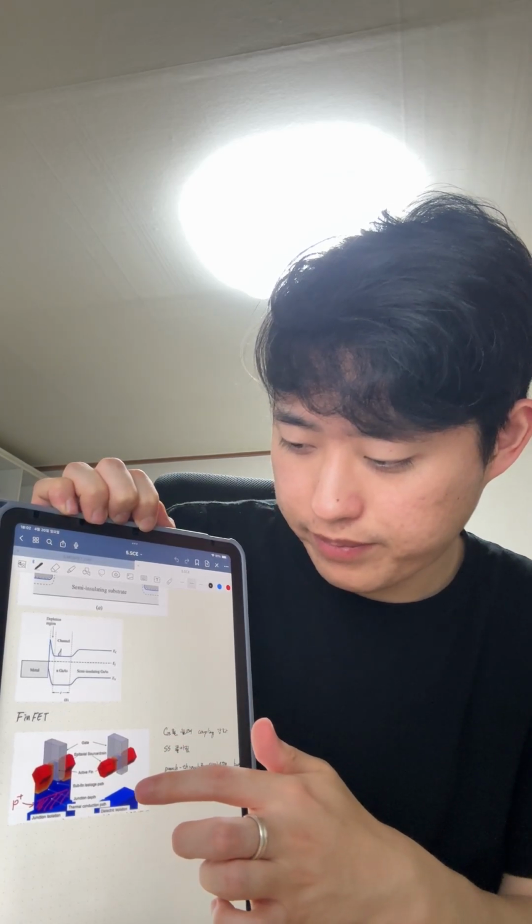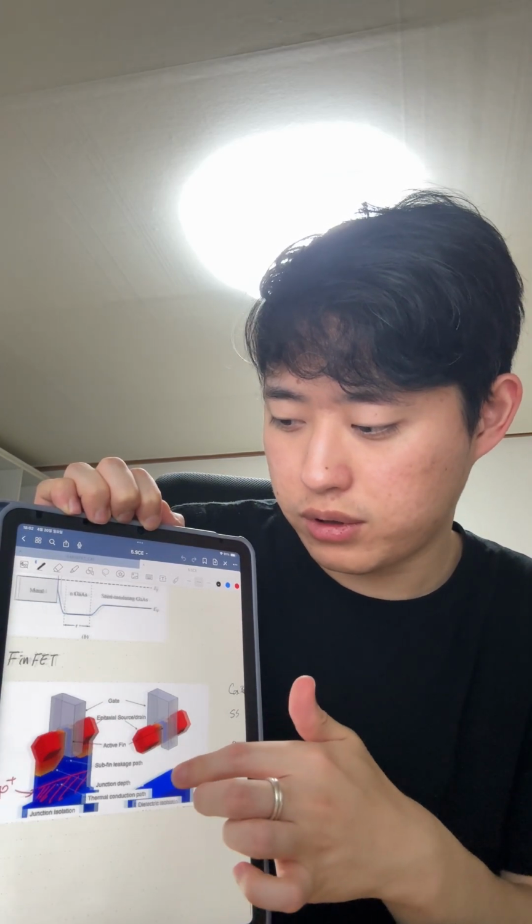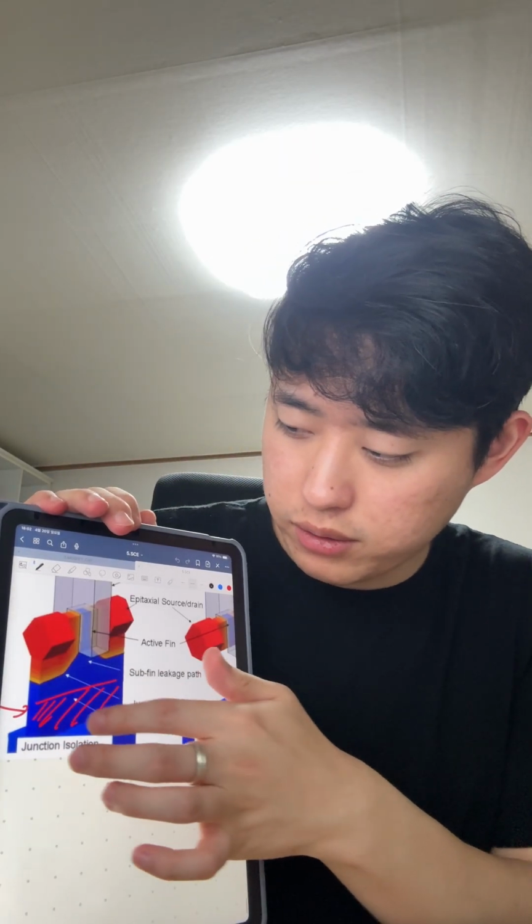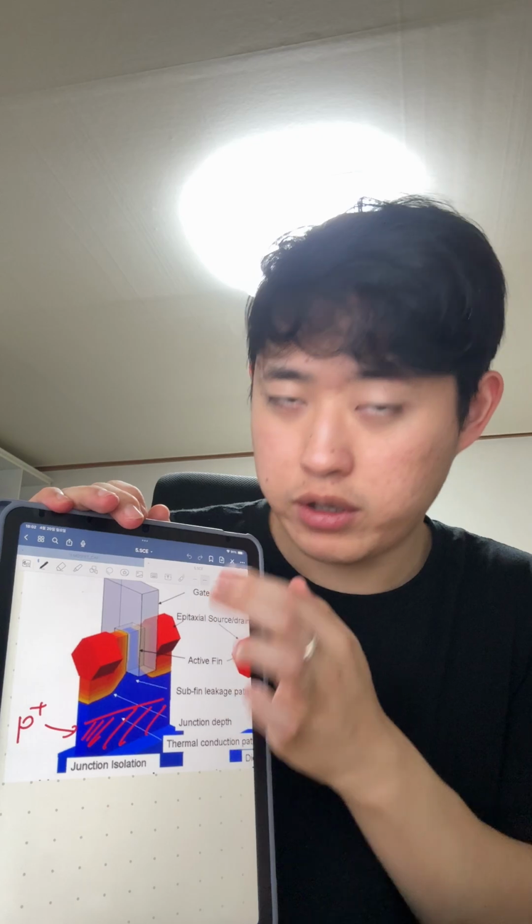And this is the FinFET. So this is like this, and this source and drain have a very large surface, so the contact resistance can be lowered because of the large surface of the contact.